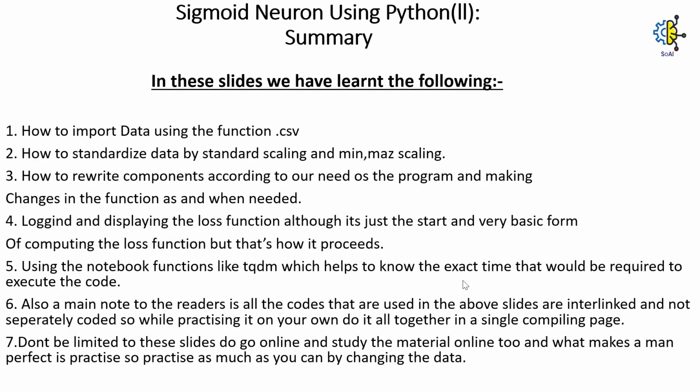In this slide we have learned the following. The first is how to import data using the function read_csv. Second, how to standardize data by standard scaling and min-max scaling. Third, how to rewrite components according to our need as the program requires, making changes in the function as and when needed.